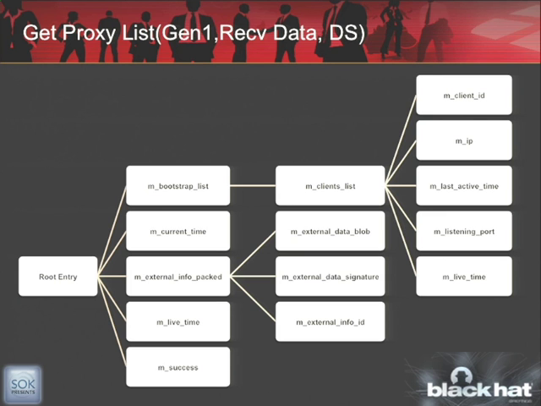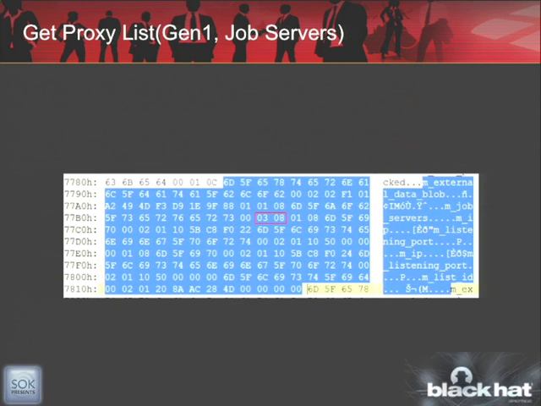Let's take a look at this. We can see the external data blob. We can see the m_job_servers, and after that the job servers' IP addresses and listening ports. The m_job_servers is actually a section array. So 0308, 08 means how many job servers there are in this entry. There are only 2 job servers at the very beginning of Kelihos.